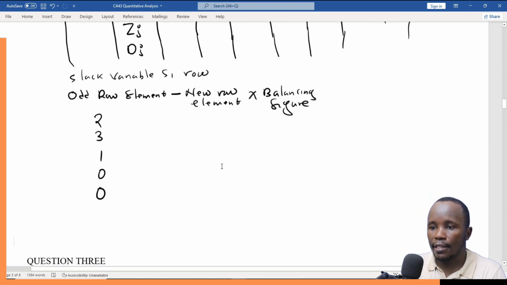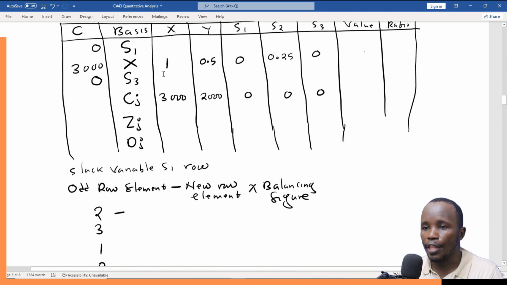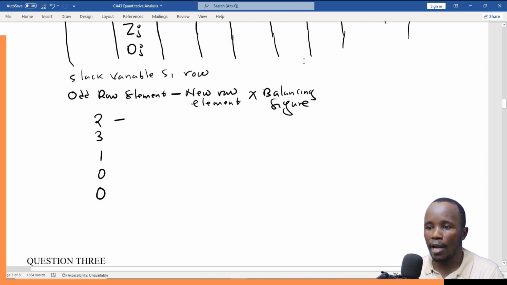Now, minus the new elements' values. The new row I have here is the one in which I brought the incoming X, which is 1, 0.5, 0.25.